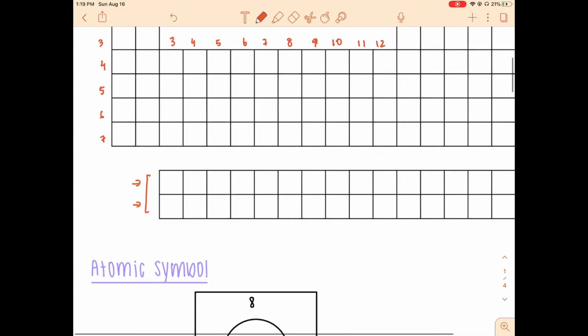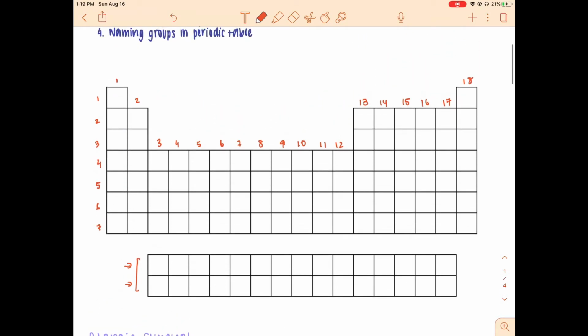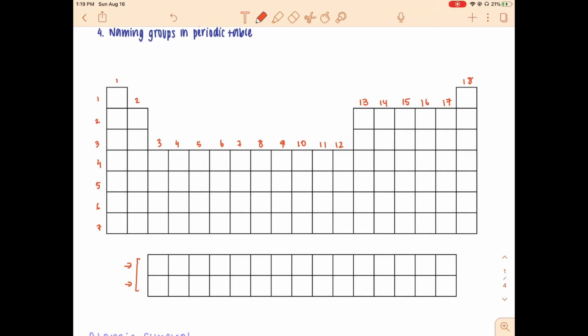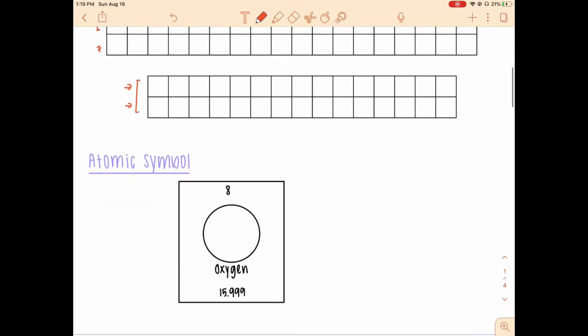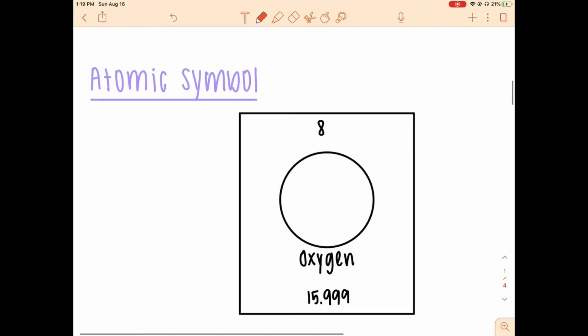So now let's go on to looking individually at one element and talking about what we call the atomic symbol. Again, this is just the periodic table in its full appearance. And for the atomic symbol, we have different parts to it. So I'm just going to go ahead and label the parts so you guys can see.